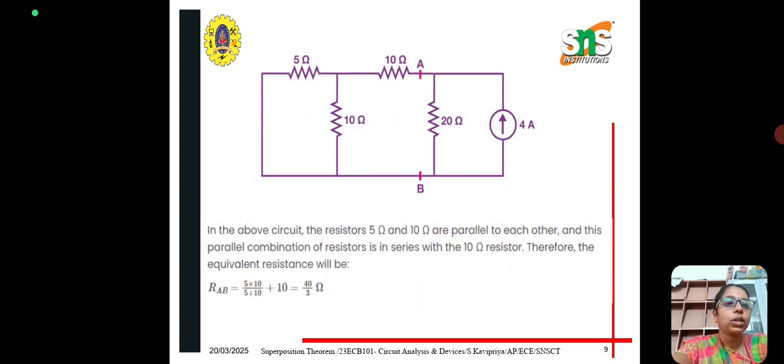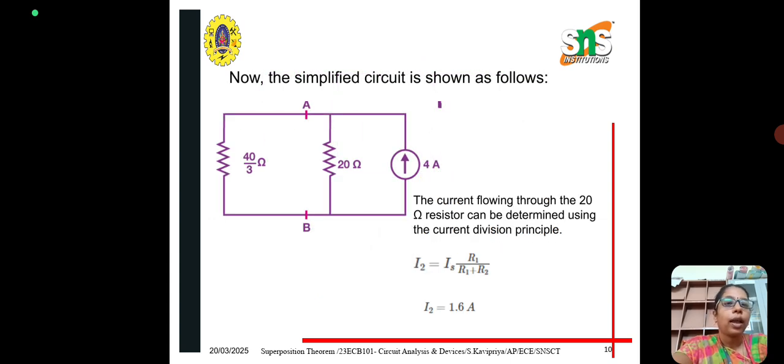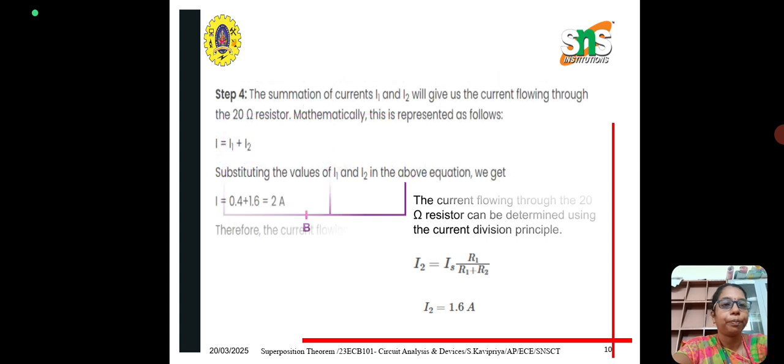In the above circuit, the resistances 5 and 10 are parallel to each other, and we have to apply the parallel combination. After applying the parallel combination, we get the value as 40 by 3 ohms. After that, the current flowing through the 20 ohm resistor can be determined using the current division principle. After applying the current division principle, we get the current value as 1.6 ampere.